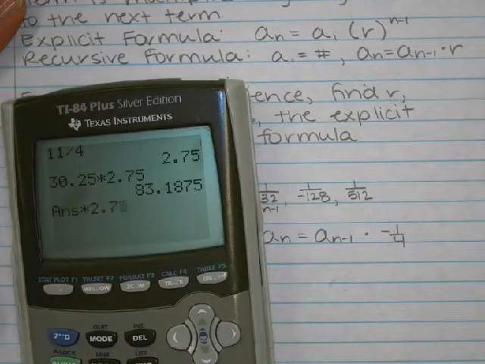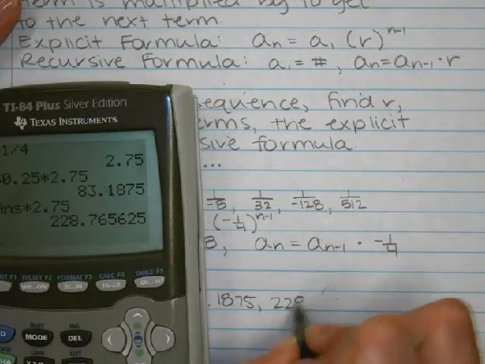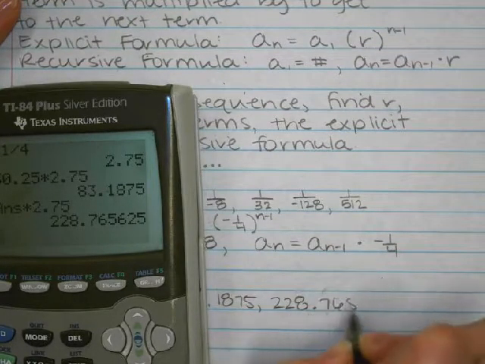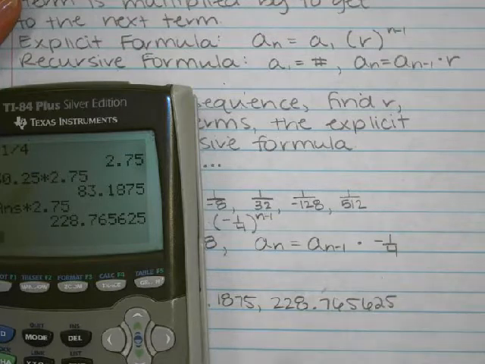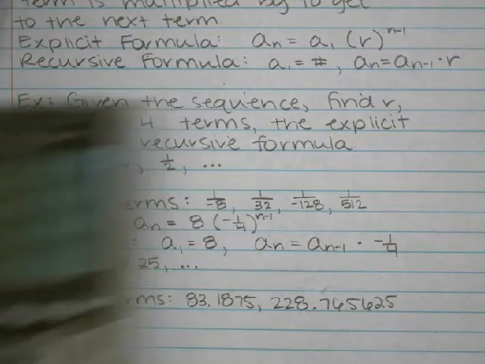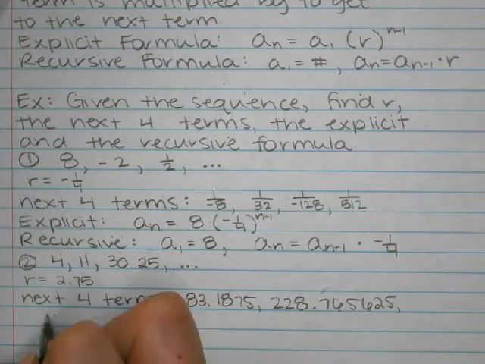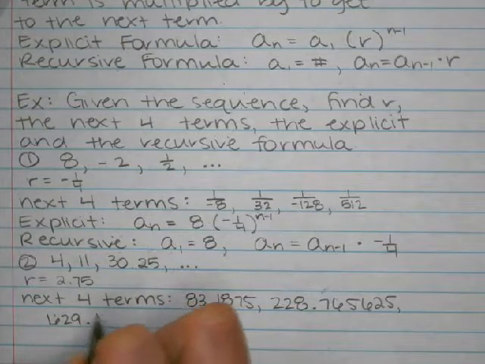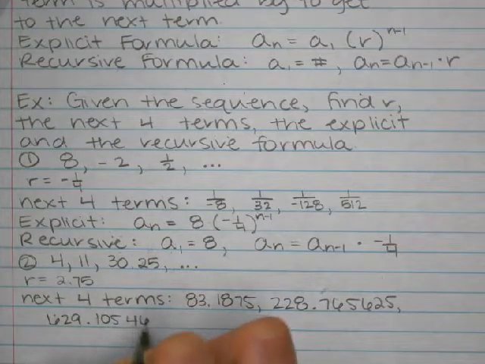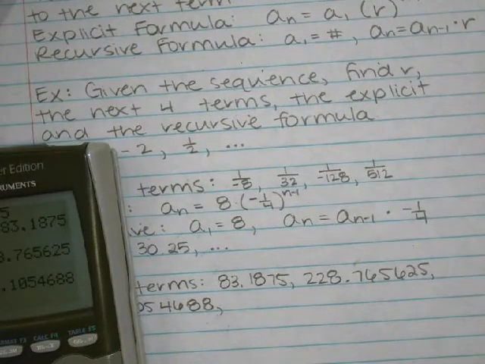Times 2.75, times 2.75. Goodness gracious. Times 2.75.